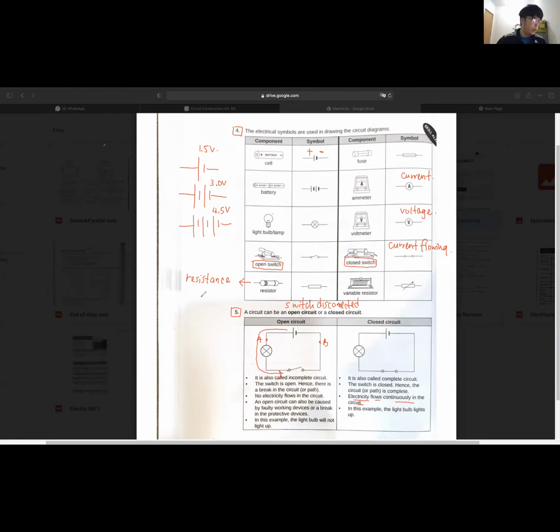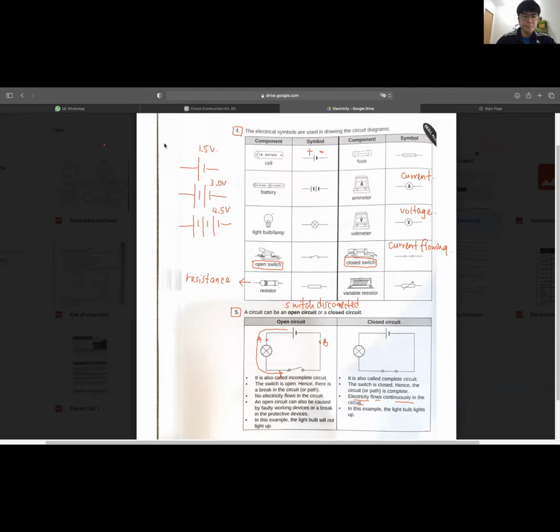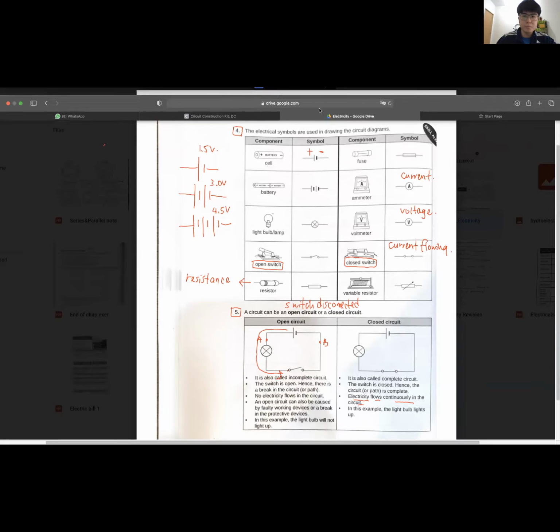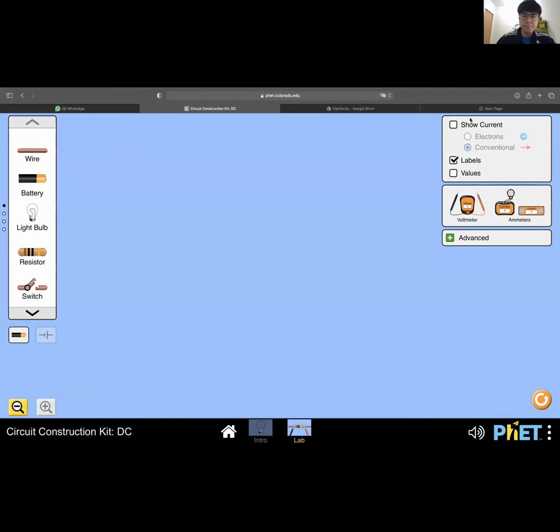Now we are going to go to the circuit construction. Let me share my screen here. Here we are going to look at the two types of circuits, open circuit and closed circuit, and also series and parallel circuits.